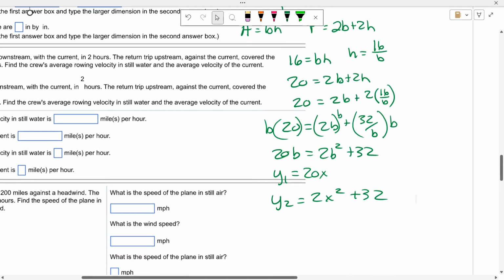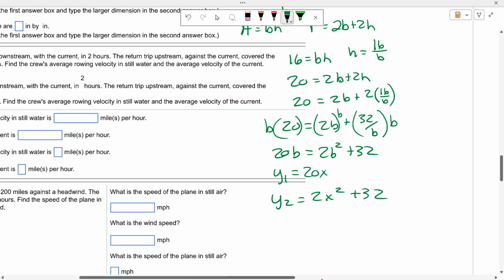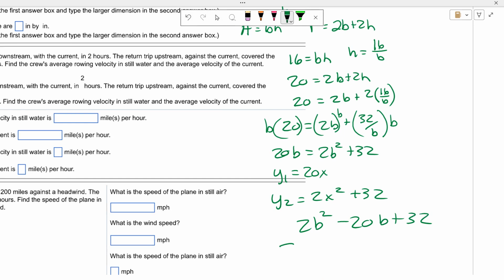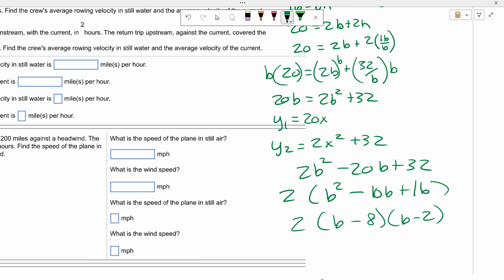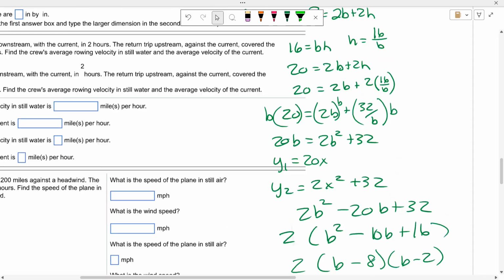All right. But if you didn't use your graphing calculator, how would you solve it? Well, it'd be 2b squared minus 20b plus 32. If we factor out a 2, it's b squared minus 10b plus 16. So it's b minus 8 and b minus 2. So b equals 8 and b equals 2.